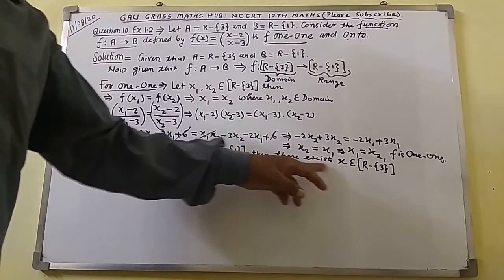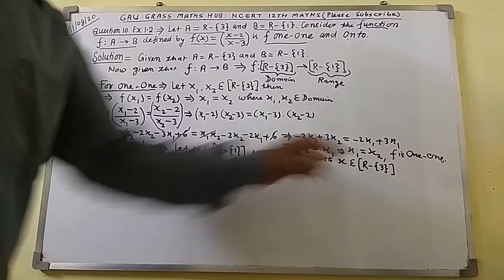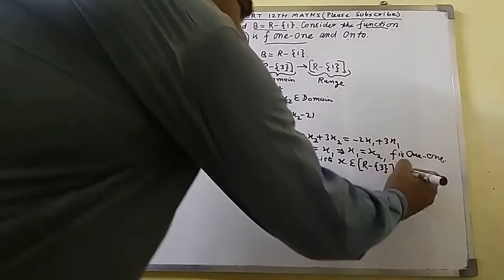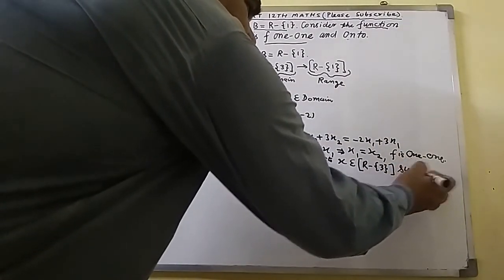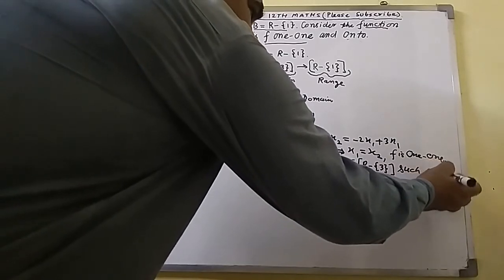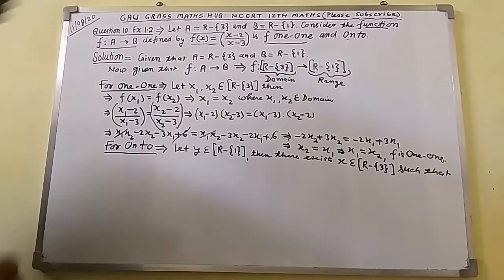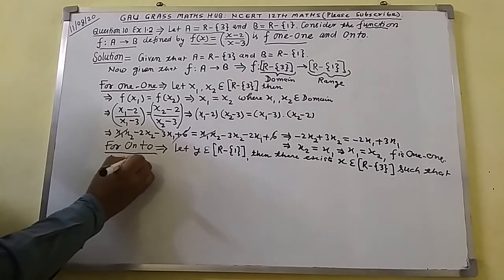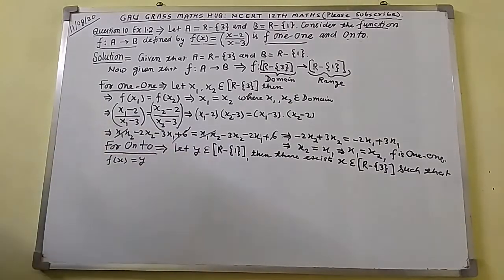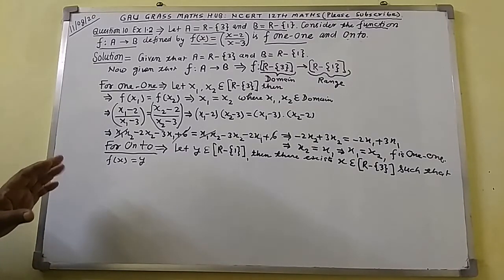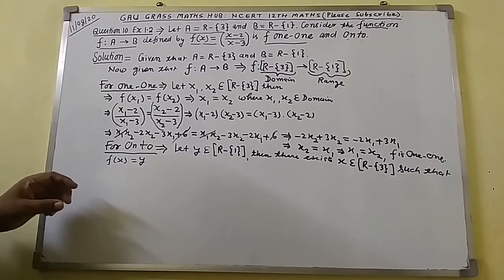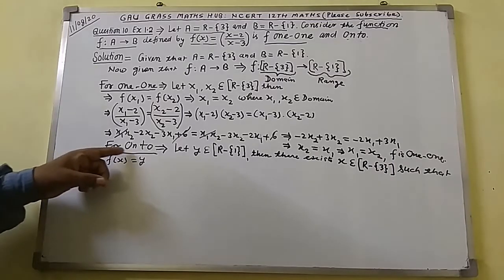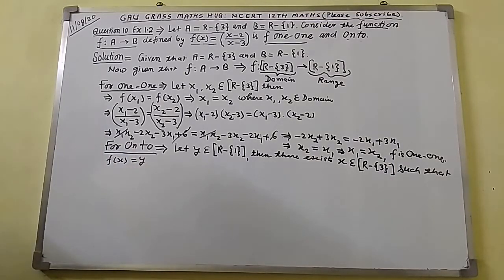Then there exists x belong to domain such that fx is equal to y. So this thing you have to write in all cases in order to prove a function onto. This is the general statement you have to write.